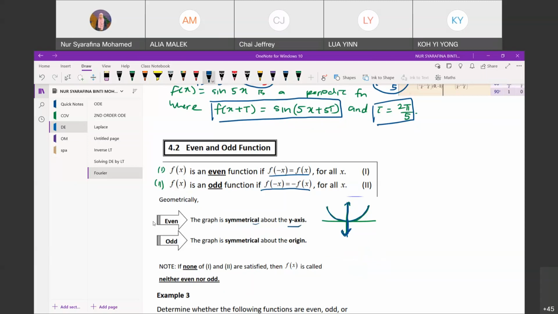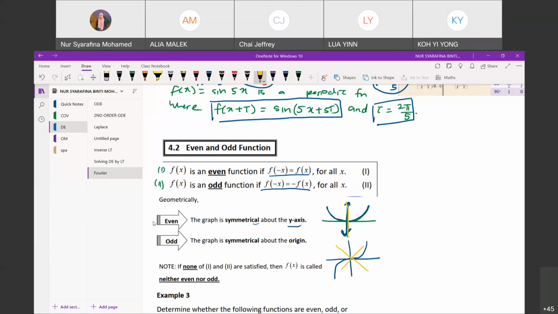For an odd function, the graph is symmetric about the origin, where the symmetric point can be here or here, right? In even, the symmetric line is here.